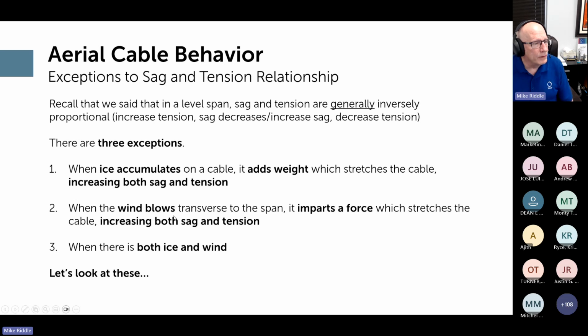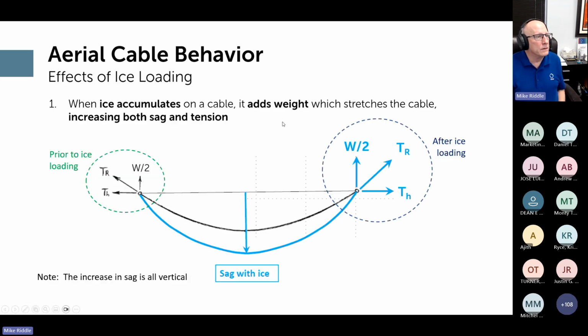Similarly, when the wind blows transverse to a span, across a cable, it imparts a force, which again stretches the cable and again increases both sag and tension. And then, no surprise, you can combine the two. So let's look at these quickly. When ice accumulates on a cable, it's adding weight and it increases both sag and tension.